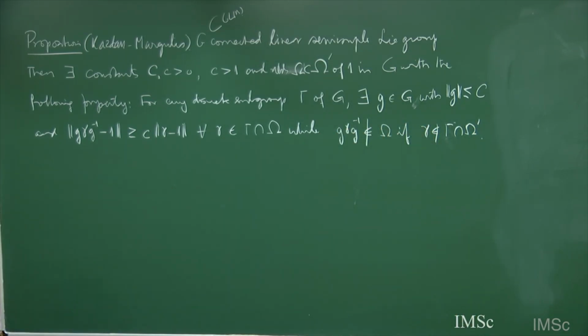It keeps everything outside omega prime, keeps it out, and anything inside omega it pushes out a little bit. That's why in a finite number of stages you will get out of omega prime.